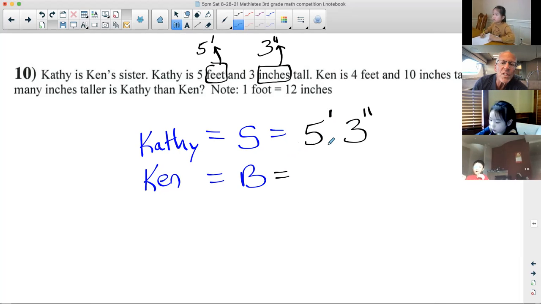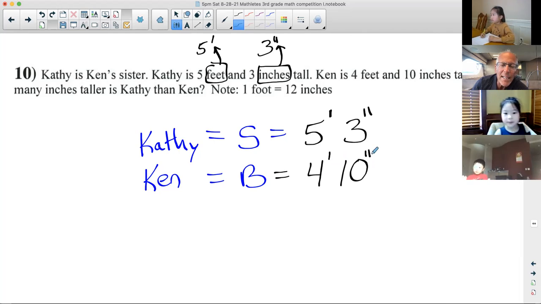Can you say it out loud? Oh, I saw what you wrote. Now say it out loud. Basically, the foot is like one line on the top, and for inches there's 2 lines on the top. Right. Remember, the one line for feet is called apostrophe.